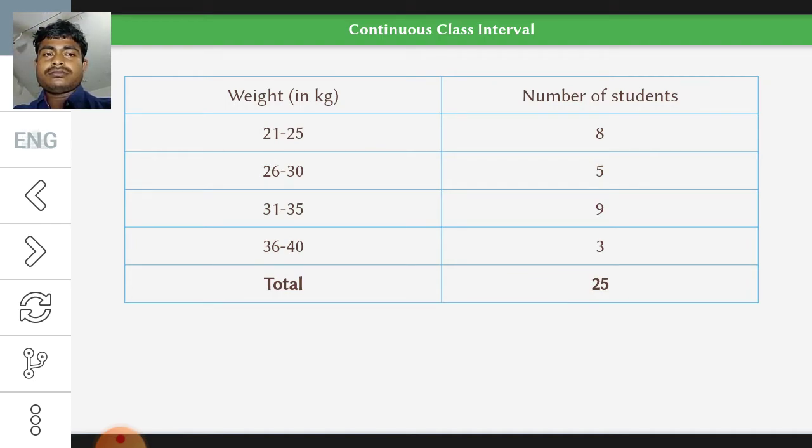To modify the class interval, first consider the two consecutive classes, 21 to 25 and 26 to 30. Here, the upper limit of 21 to 25 is 25, and the lower limit of 26 to 30 is 26.